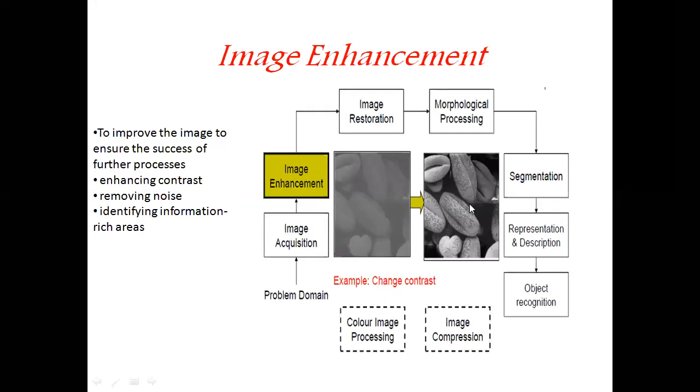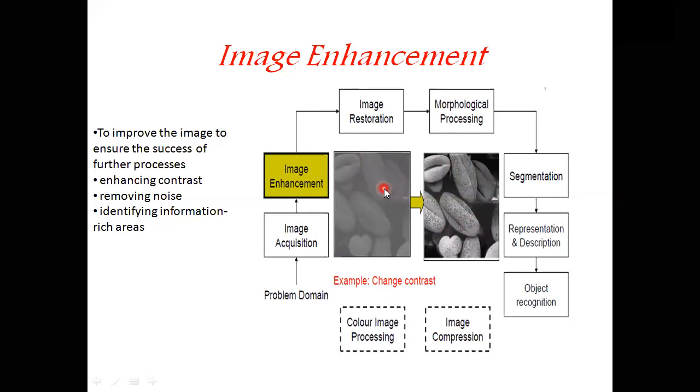If we observe these two images, this is also the image, but the contrast level is very low. After applying this image enhancement technique, it is converted like this. In the second image the contrast level is very high compared to the first image. That improves the appearance of the image, and only then do we know what objects are there in that image.